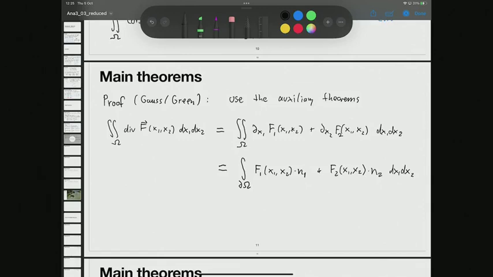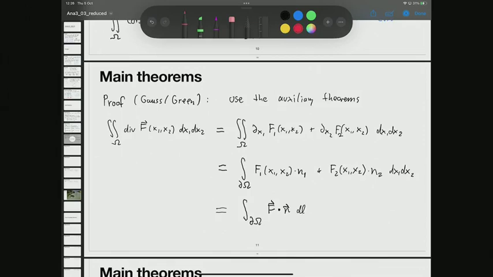But, okay, if you take a look at this formula now, you see this is just the scalar product of f with the outer unit normal, just the definition. And once we recognize that, we can express it as a curve integral, namely the scalar product of f with n.